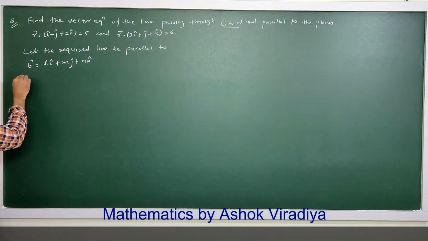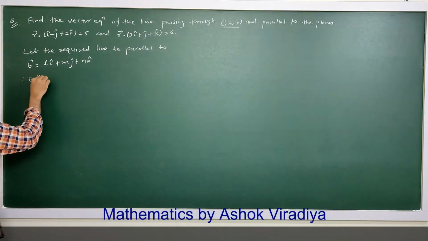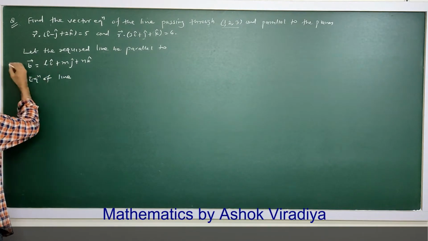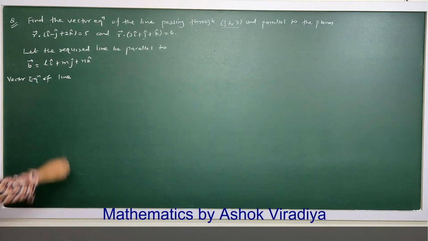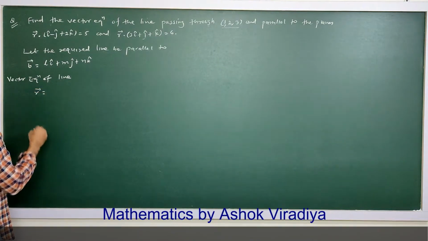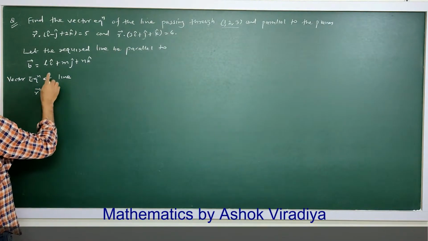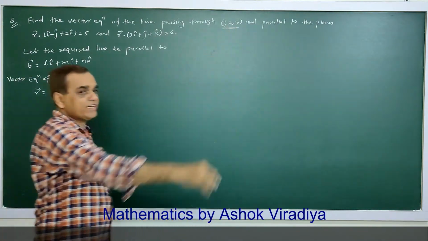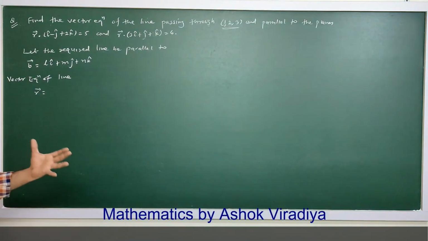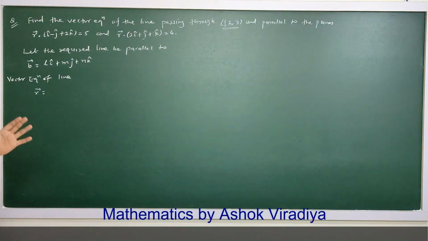So the equation of the line will be, so the vector equation of the line will be vector r is equal to the position vector of a point on the line, given point, it will be 1i plus 2j plus 3k.